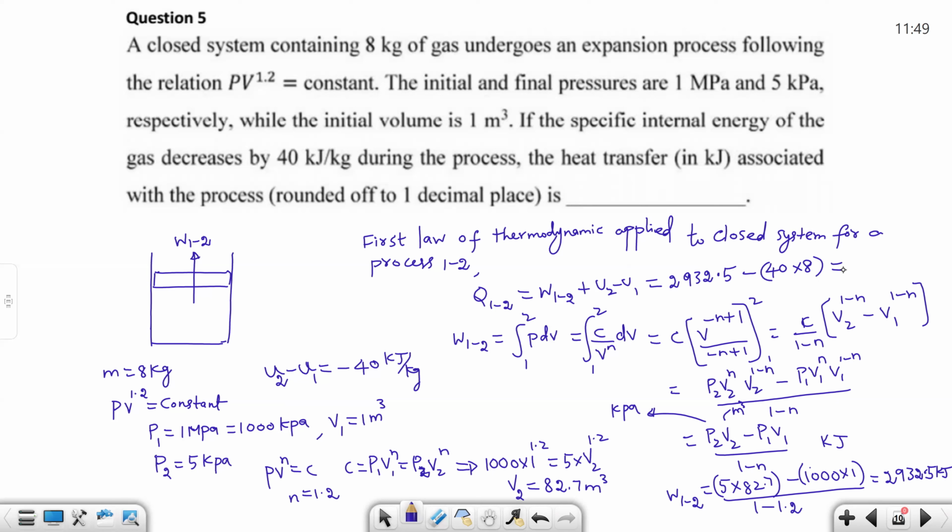This will give you the positive heat, 2612.5 kilojoule. So heat transfer is positive. So that means heat transfer is given into the system.